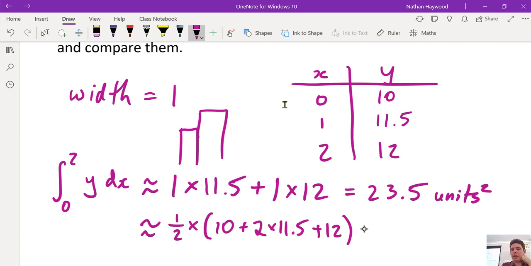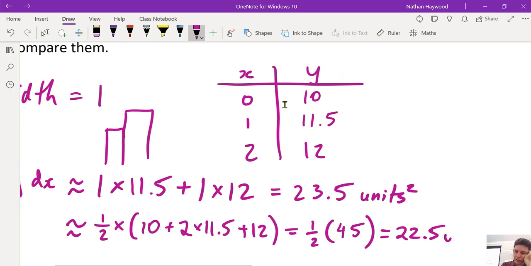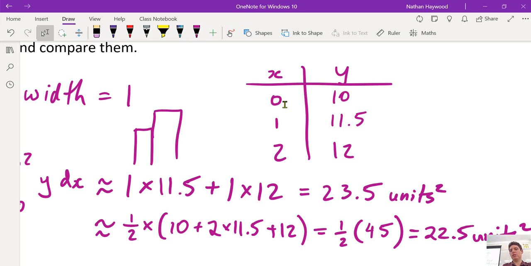So a little bit more complicated. There you go. So the trapezium rule got a slightly more accurate answer.